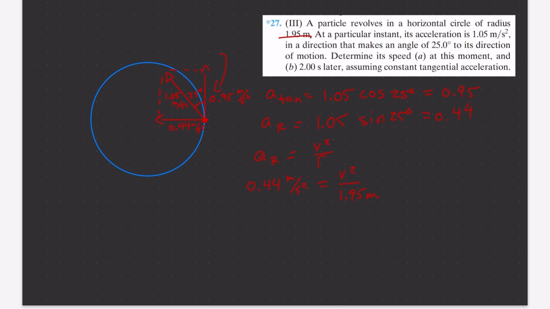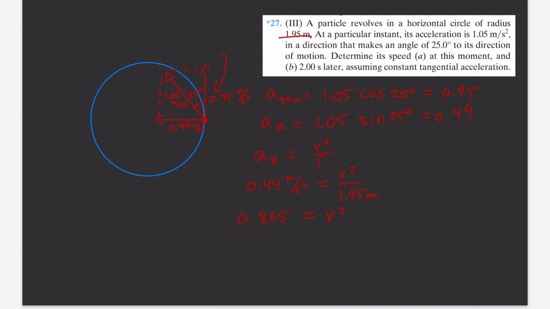Multiply that 0.44 by 1.95. We should get something like 0.865. That's more sig figs than you would normally need, but we're just going with it for a good calculation, is equal to v squared.